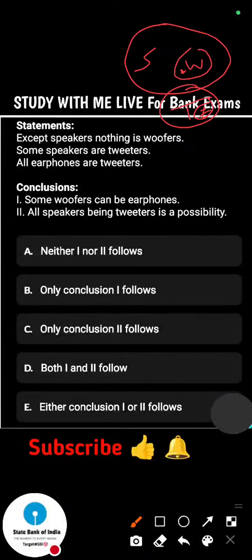Woofers don't share with anything except speakers. So the first conclusion will be false. Second conclusion, all speakers are tweeters. While taking all speakers and placing them inside tweeter, the W also comes sharing with the T, but W doesn't share with anything except S. So the second conclusion is also false. So the answer will be neither 1 nor 2.